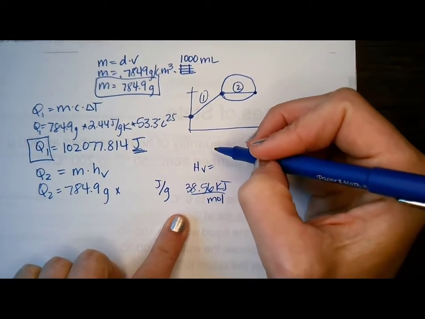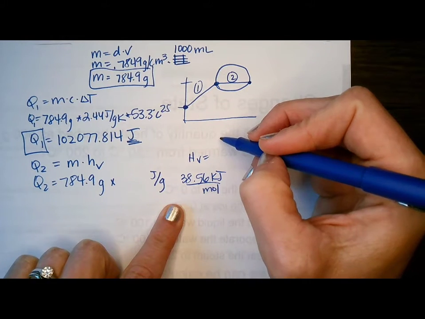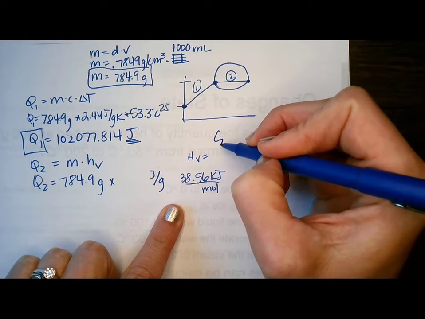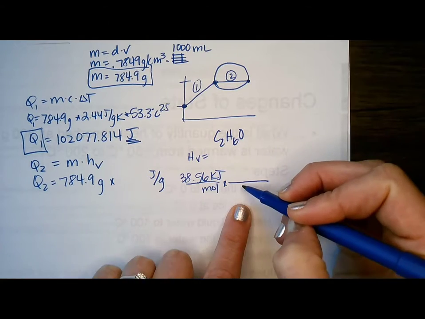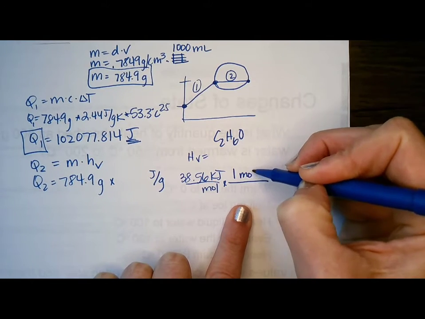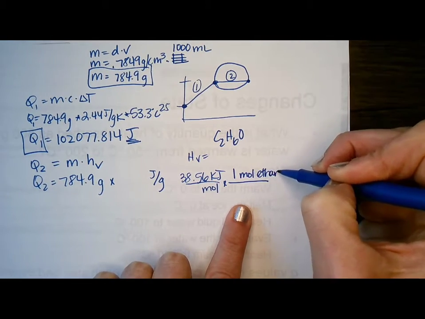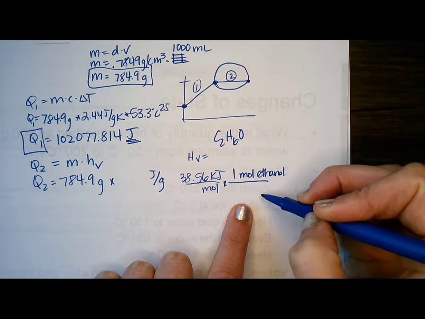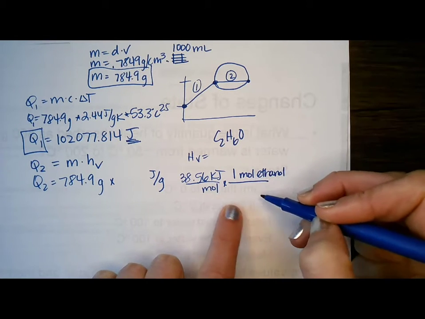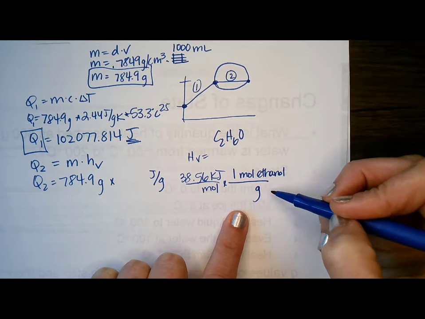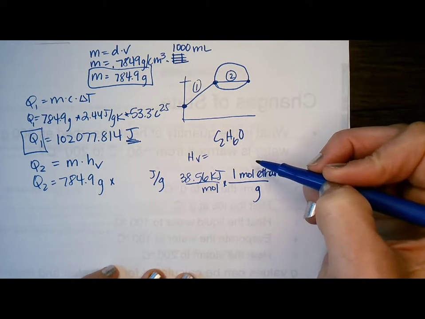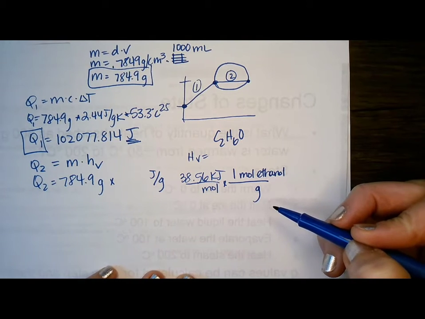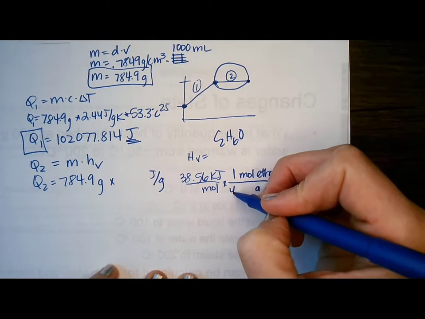So we got to go, okay, what is ethanol? Ethanol is C2H6O. So we need to say, well, in 1 mole of ethanol, what is the molar mass, right? Because that'll get rid of moles, and then I can have grams down on the bottom. So I need to get the molar mass of it, and it should be 46.08.